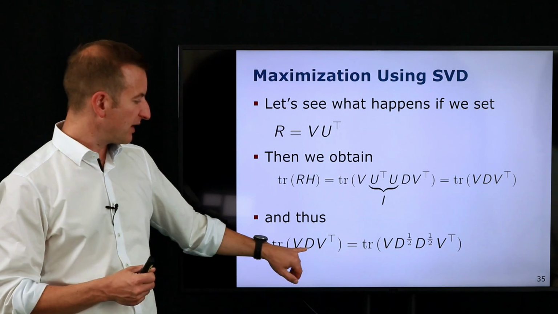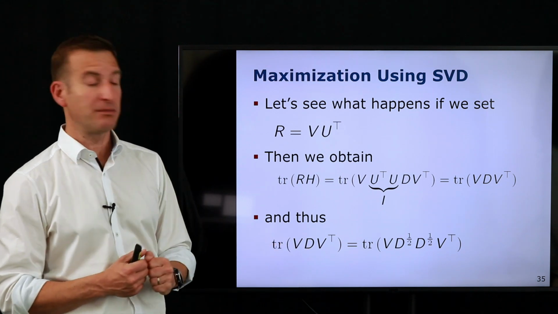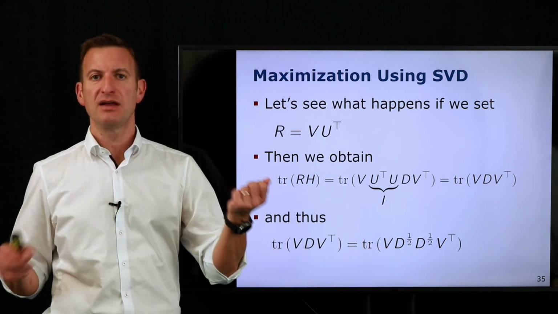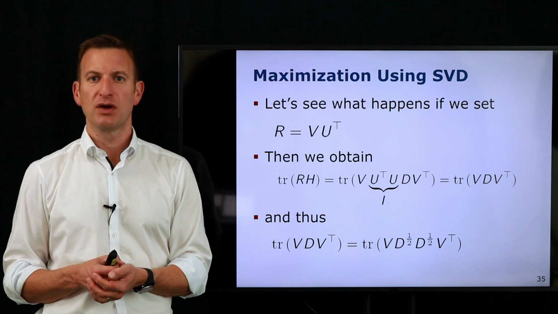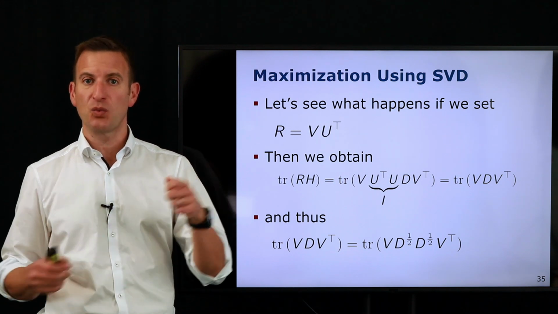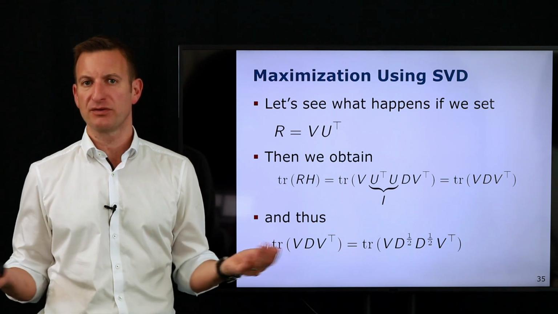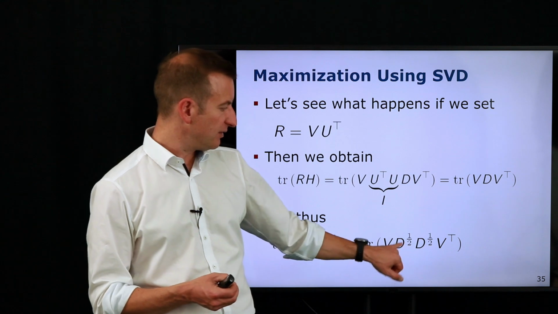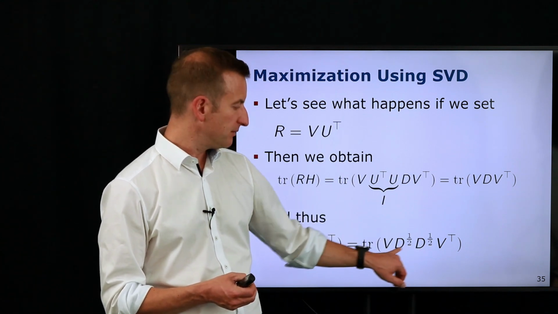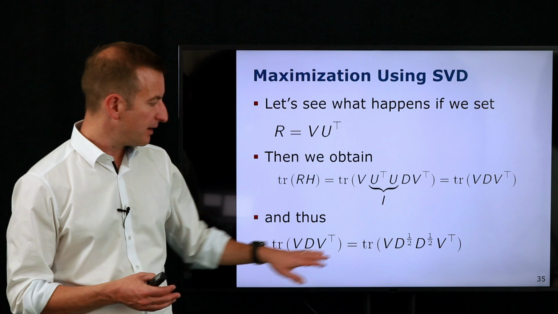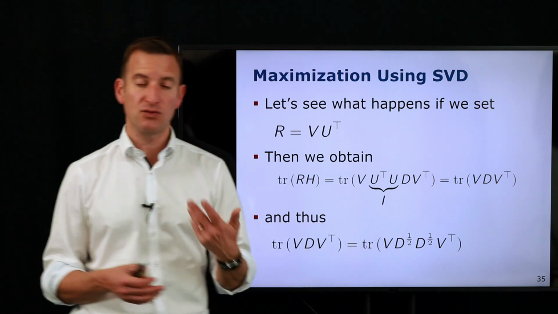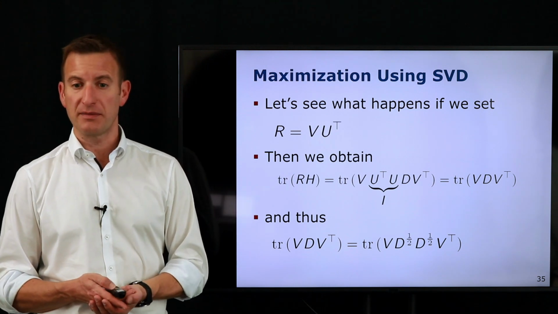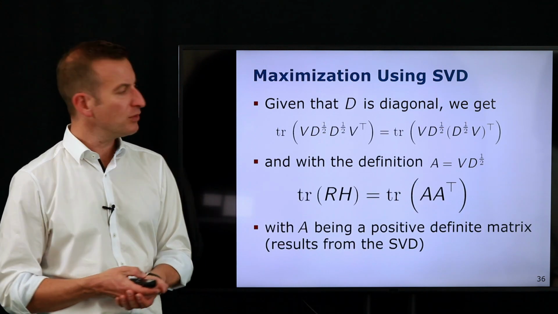So what I can do is split up this matrix D into two identical matrices, called here square root of D. This is basically the original matrix D, just taking the square root of every element, so the main diagonal elements, because all other elements are 0 anyhow. So I can write D as square root D times square root D. Again, I can do this because I know it's a diagonal matrix with the singular values on the main diagonal.